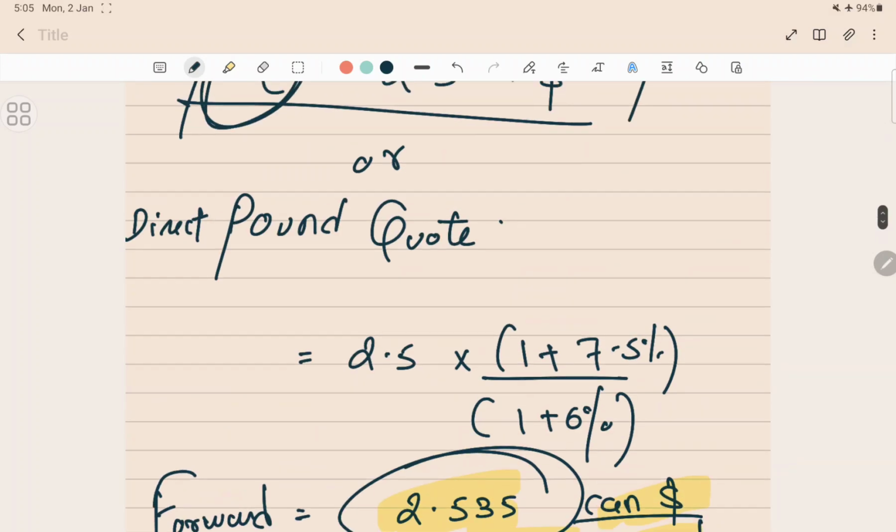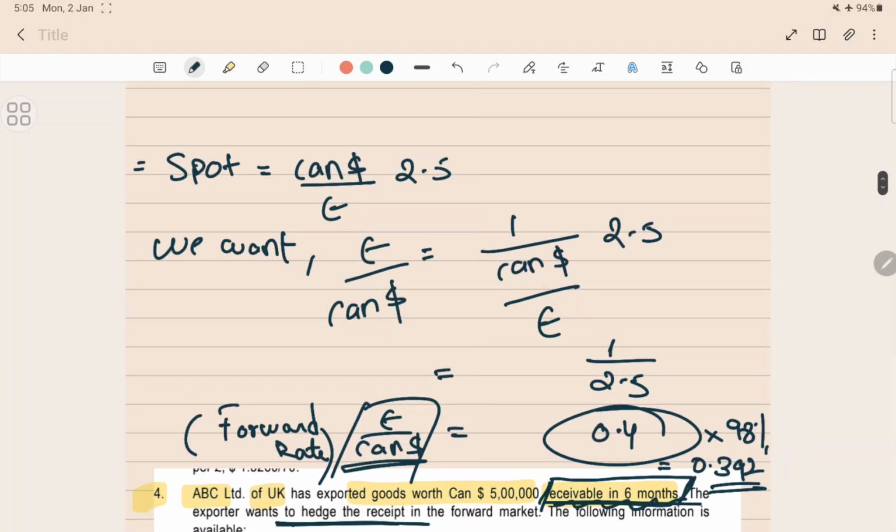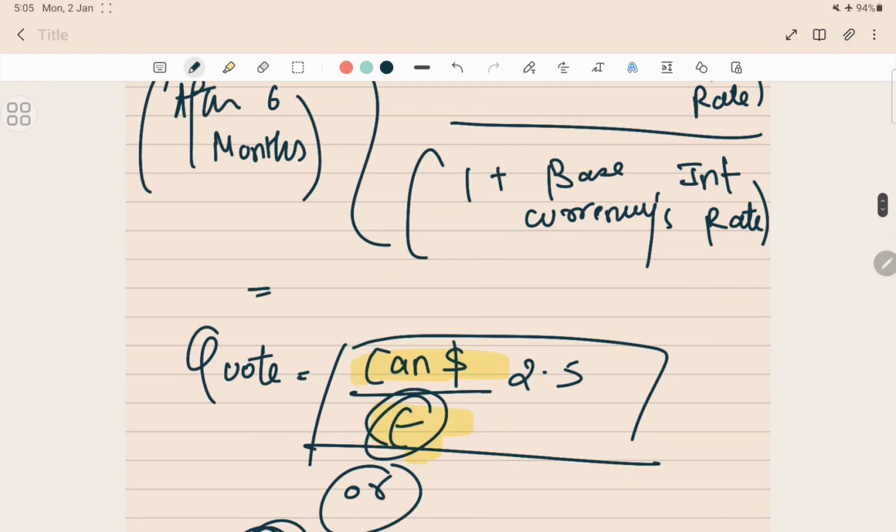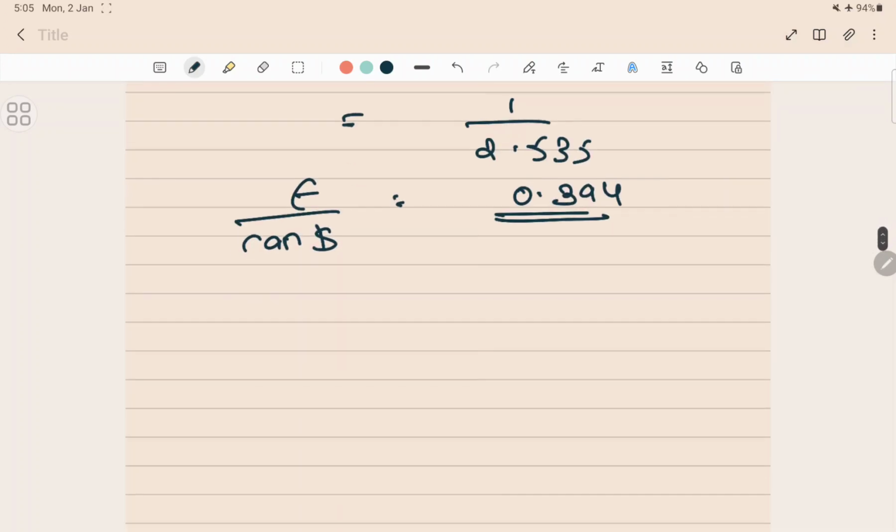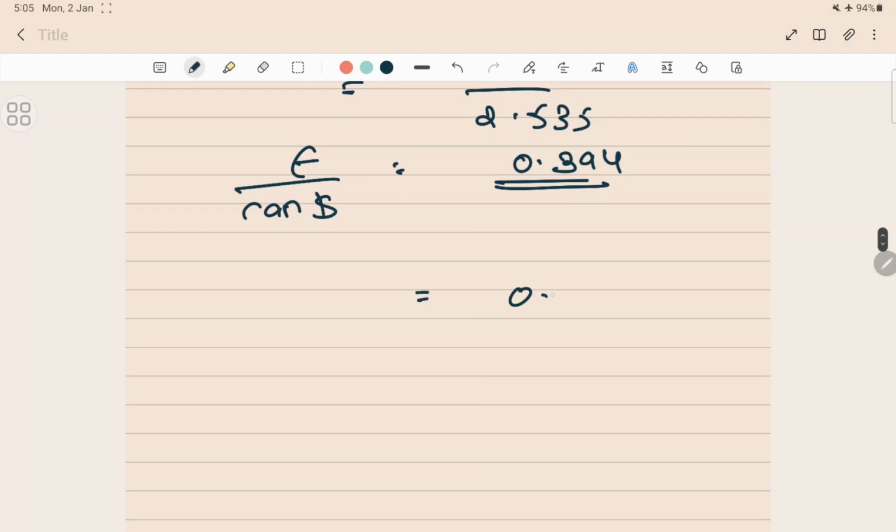The other one was 0.392 pound upon Canadian dollar. Now we can compare because the quotes are the same.